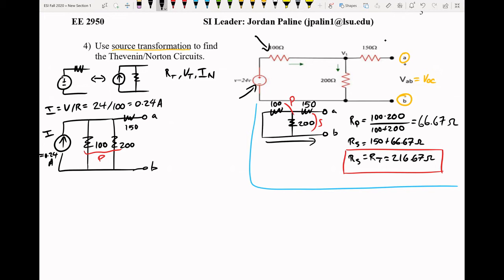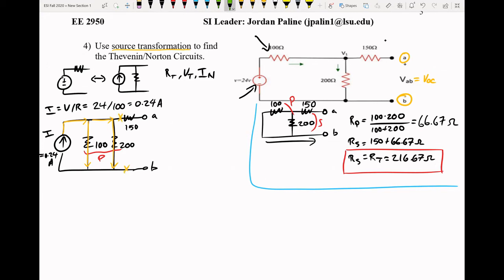And now if we wanted to find the current that goes down through this branch or this branch, that will be broken up from here and there. No current will go down that way, no current will go down that way.